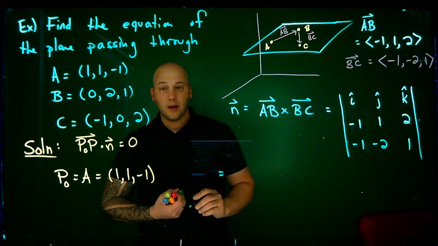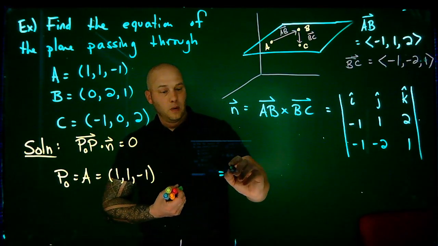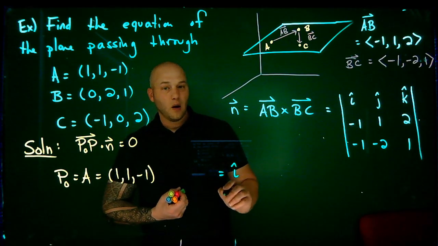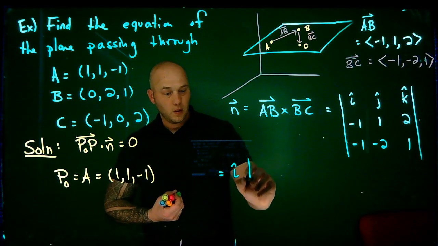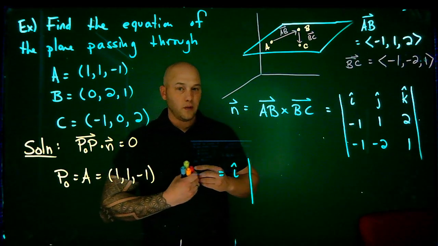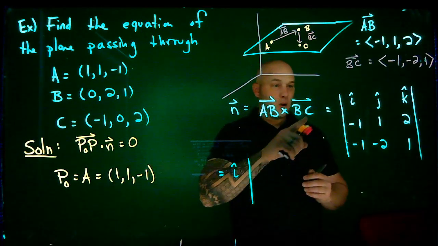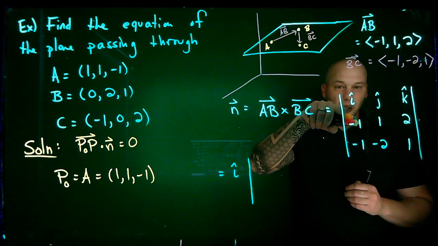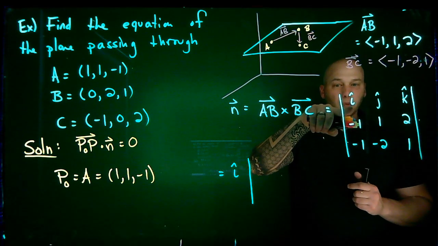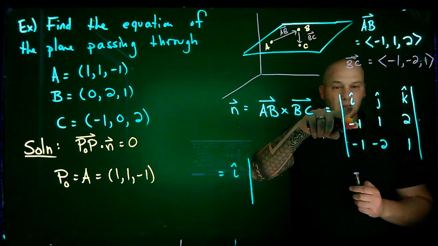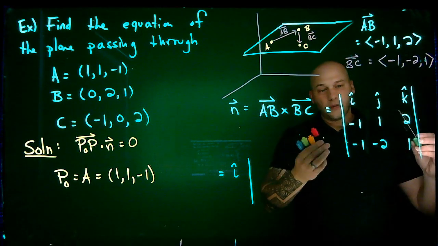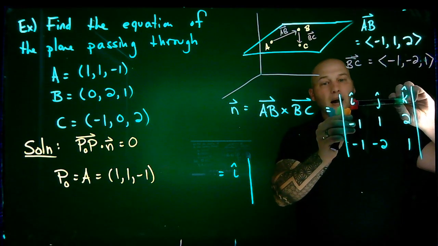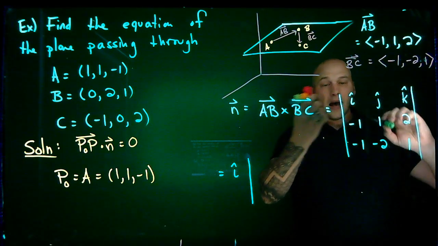Now let's expand that determinant. Expanding along the first row, remember that the way to evaluate a determinant, if I go along the first row, is I take the first component of the first row, and then I multiply that by the determinant consisting of what would be left over if I were to delete the row and column that i is in.